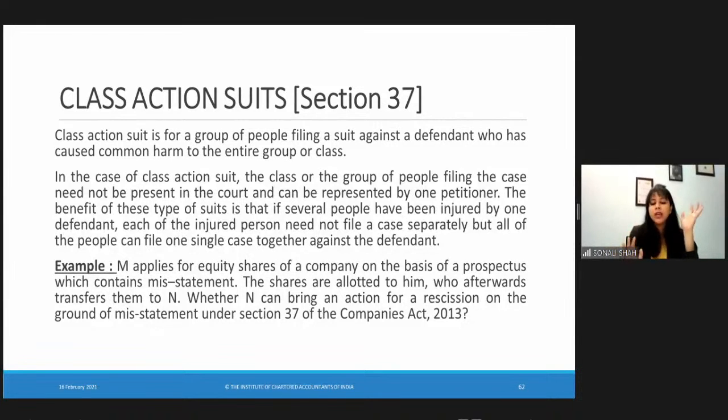This is what is meant by a class action suit, right? So it is not a remedy available to an individual. It is a remedy available when a group of people have been harmed by a common offense. Where there is a common harm and a large number of people have been affected, they can proceed with class action suits. More details on this you really need not know. This is all you need to understand here.